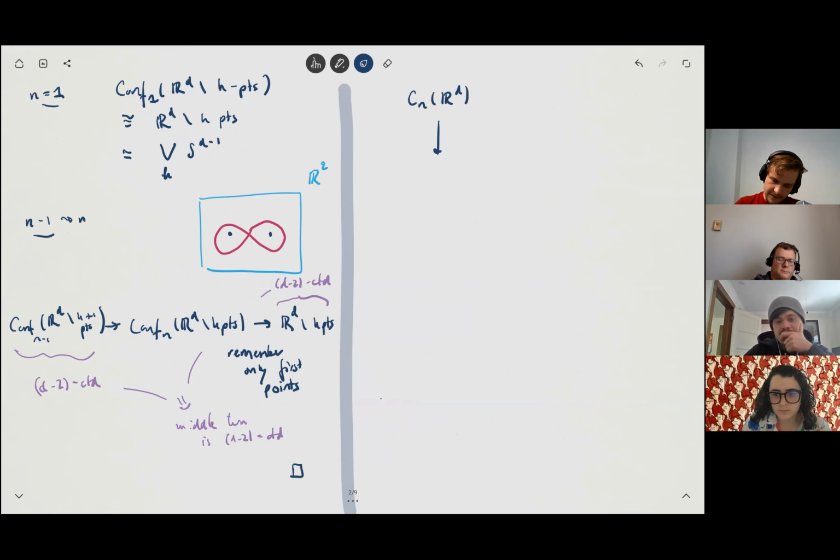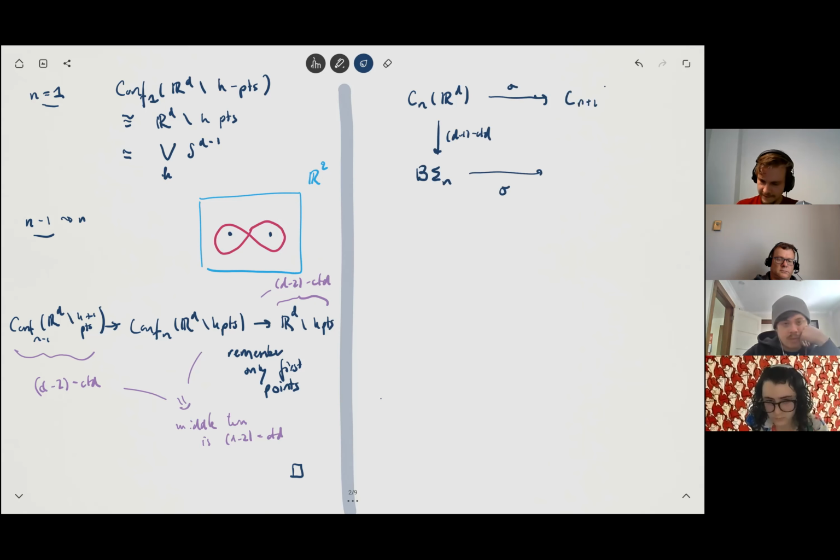You see these maps to the classifying space of symmetric groups that are d-1 connected. They fit into a homotopy commutative diagram.